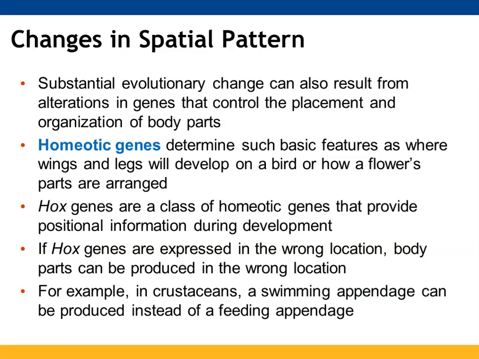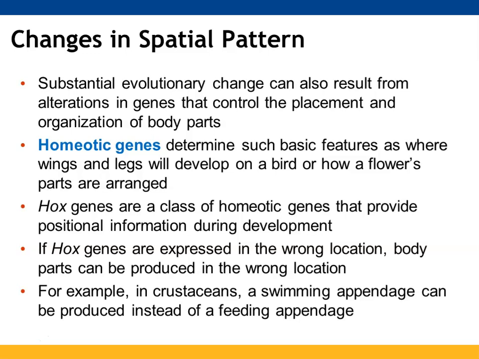We can also have some pretty significant evolutionary change as a result of where body parts are placed and their organization, at least the genes that control those two aspects. Homeotic genes are going to be able to determine where wings and legs will develop on a bird or how a flower is organized.